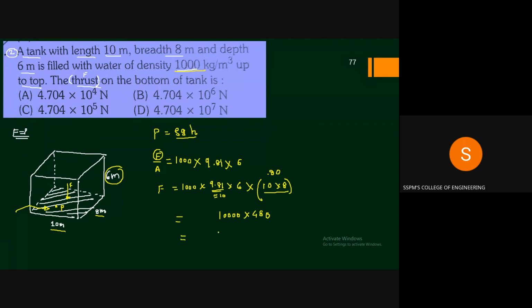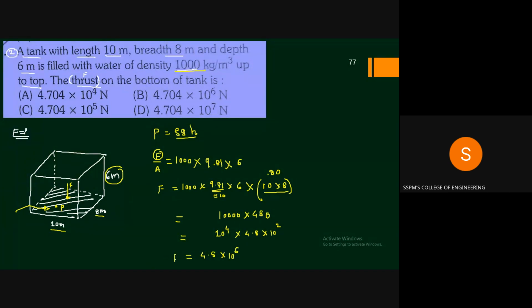Okay, now just write this in 10 to the power, so we will get this as 10 to the power 4 into 4.8 into 10 to the power 2. Okay, so finally we will get the value as 4.8 into 10 to the power 4 plus 2, so this is 10 to the power 6.